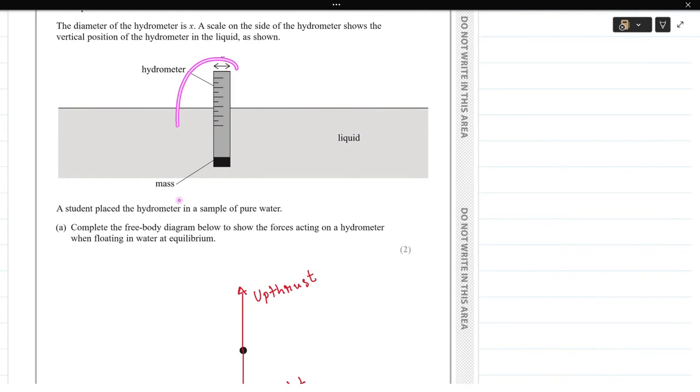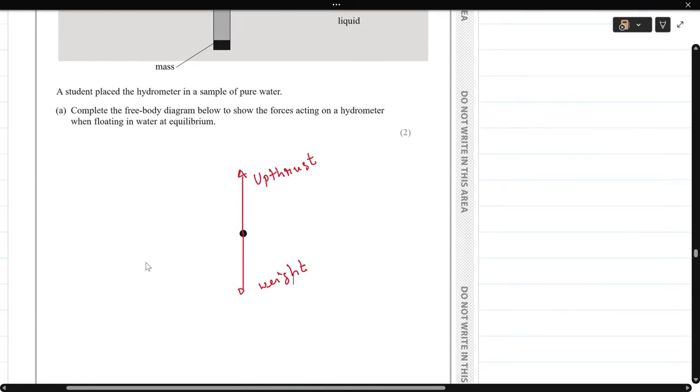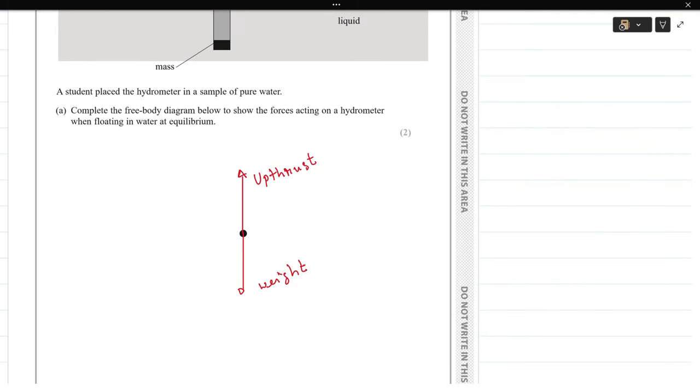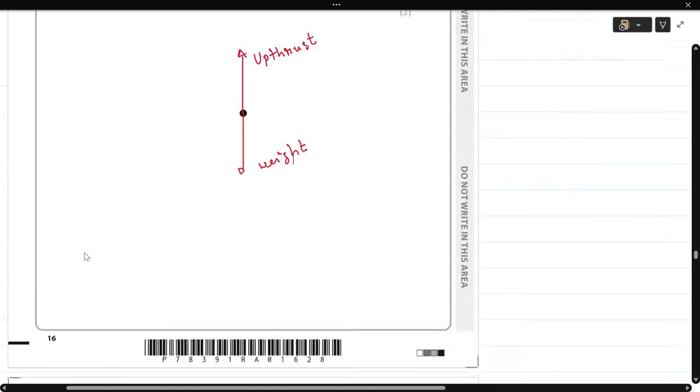Because this hydrometer is actually floating. Floating means that it is at equilibrium. Equilibrium means that all the forces on the hydrometer are balanced. Since these are the only two forces acting on the hydrometer, both of them must be equal in length so that they cancel each other out. To demonstrate this in our free body diagram, we need to make sure that these two lengths are equal to the eye. It does not need to be absolutely exact.